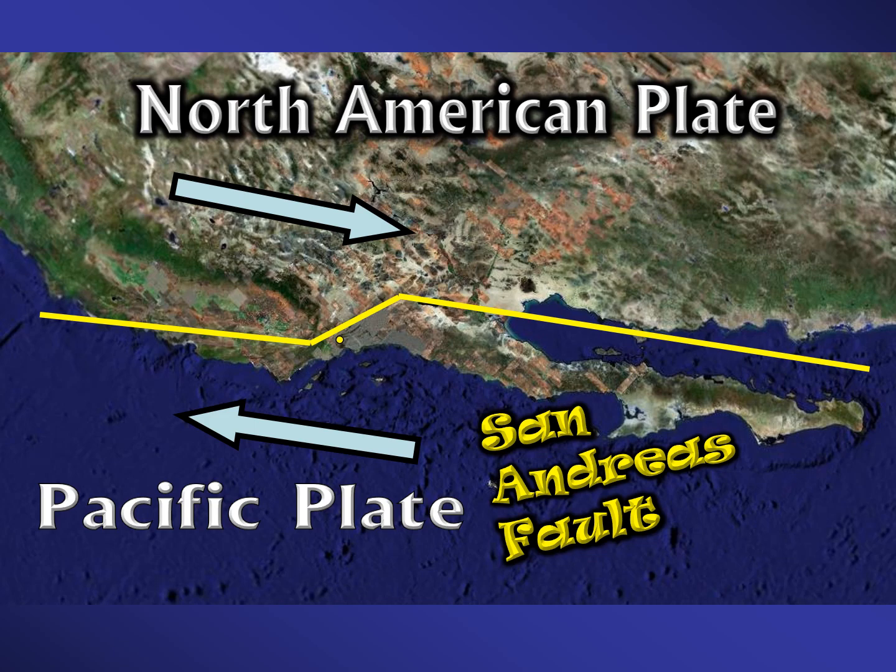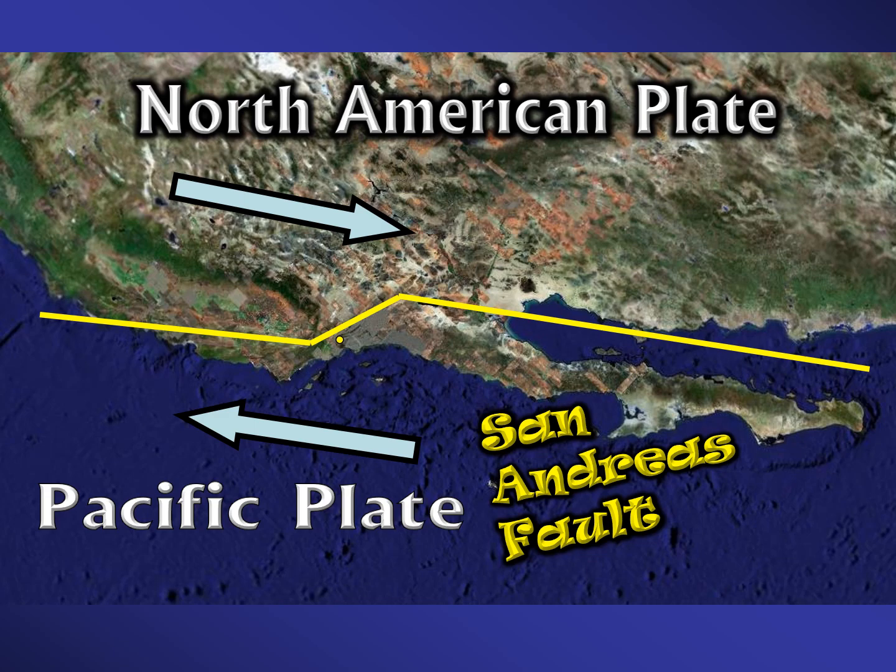Okay. Now, of course, this is a plate boundary. So if you think about it, it must divide two plates. So if the North American plate is on one side of the boundary, then what's on the other side? Oh, it is the Pacific plate.